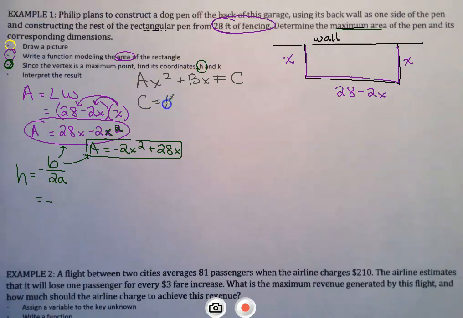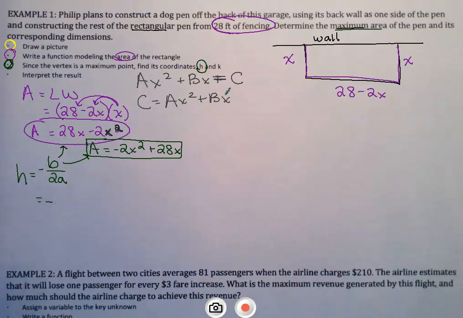It could be c equals ax squared plus bx. That's fine too. You don't have to have it in standard form if you remember that your a value always goes with the squared term. Your b value always goes with the single variable as well. So that's just kind of personal preference. Doesn't have to be.